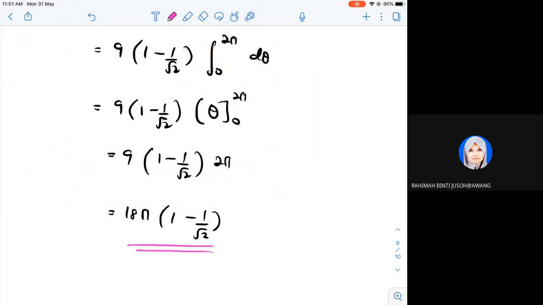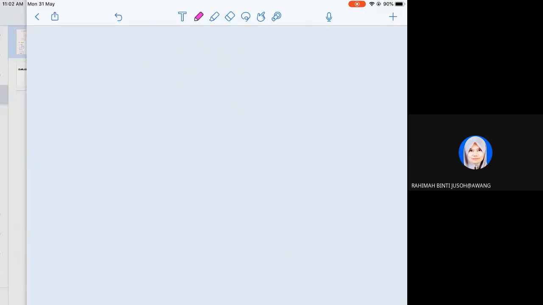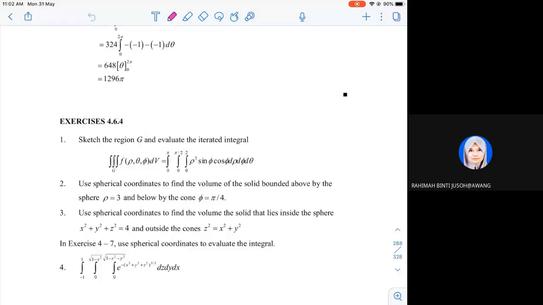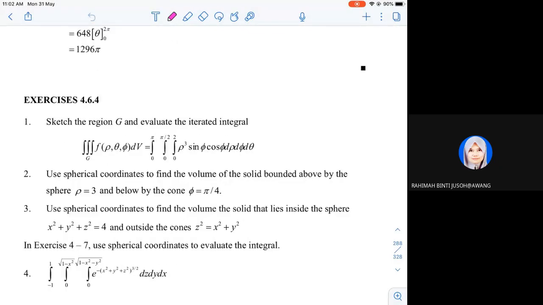Okay, next question. Let's take a look at question number 3. It says that the solid lies inside the sphere and outside the cones.